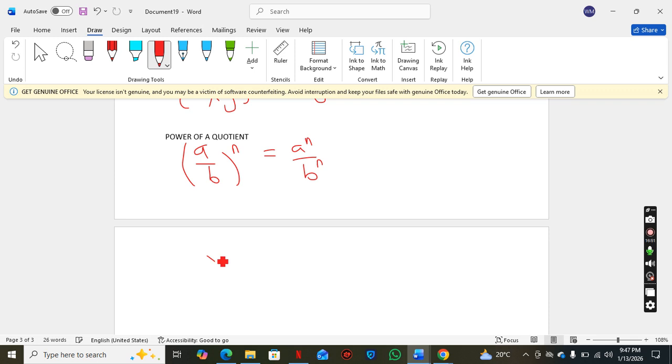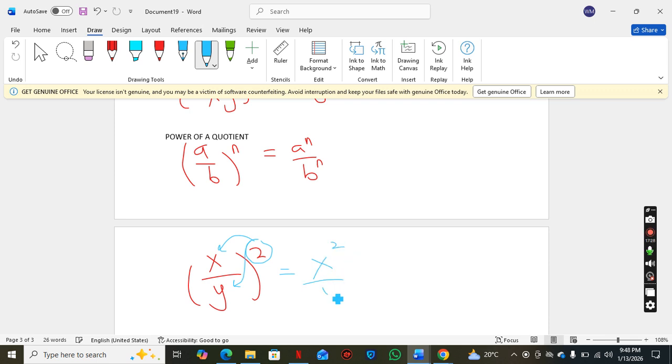If you've got x over y to the power 2, same thing, you just distribute the power here and the power there, so that you get x squared over y squared.